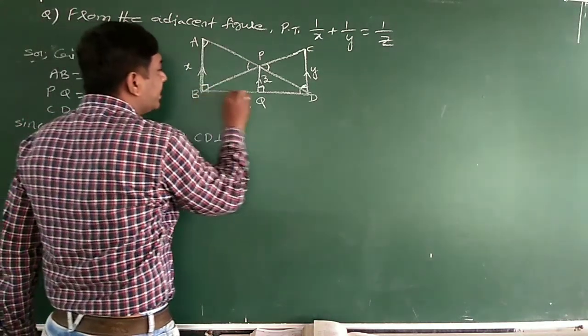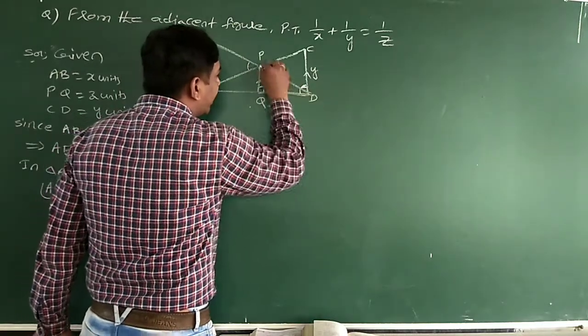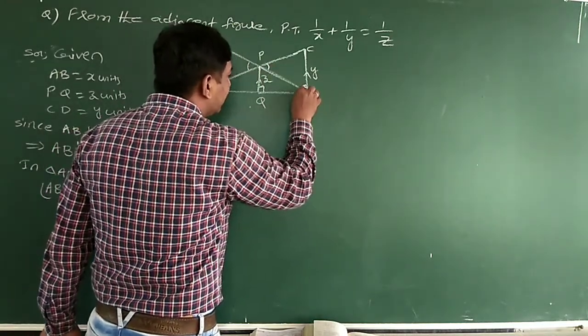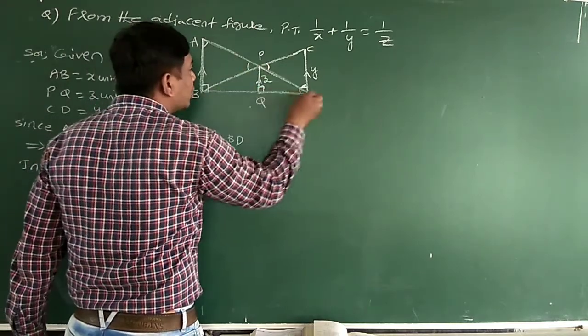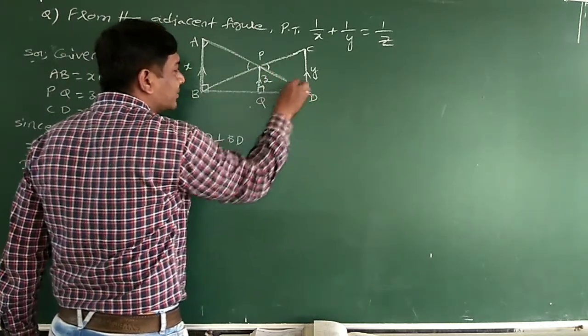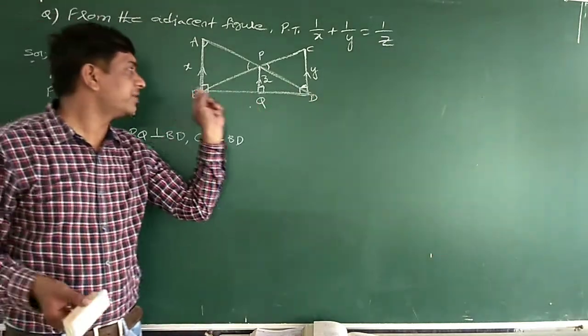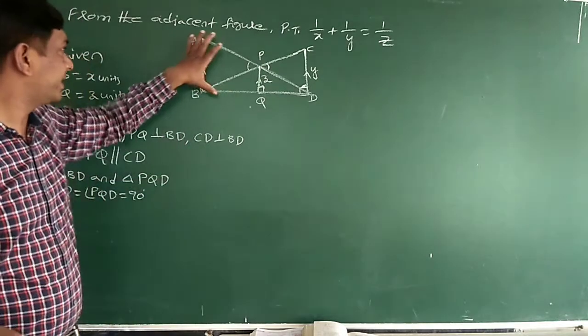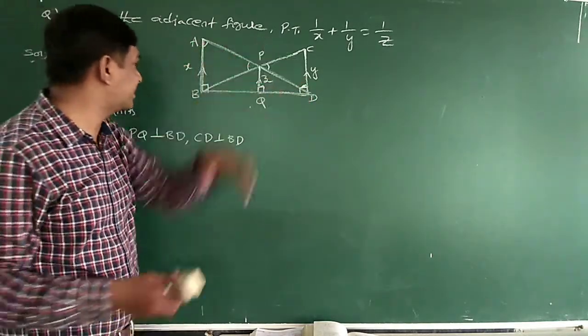In triangle ABD and triangle PQD, angle D, that is BDA and QDP, is a common angle. Are you able to understand here? Try to understand the concept. First I took the whole triangle ABD, forget about this AC line here.